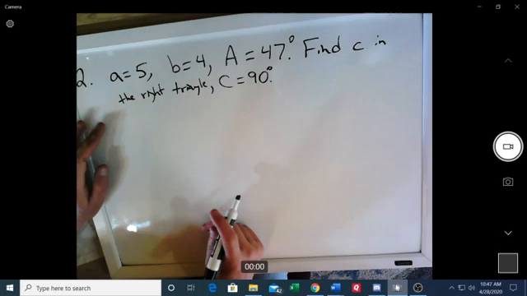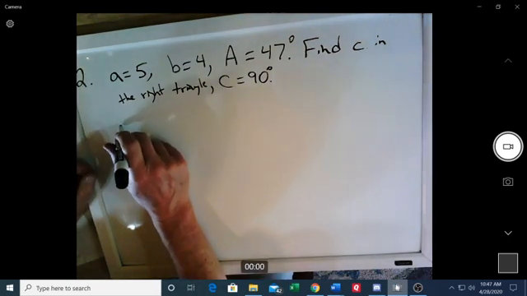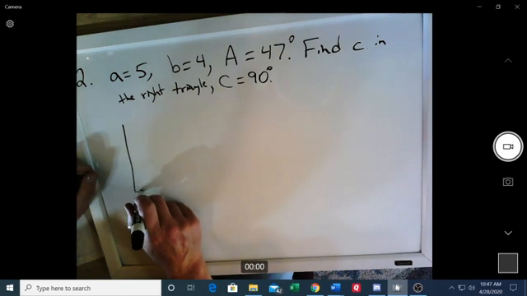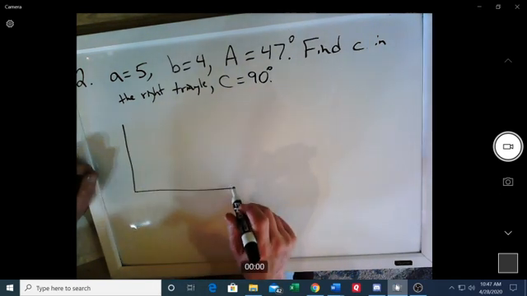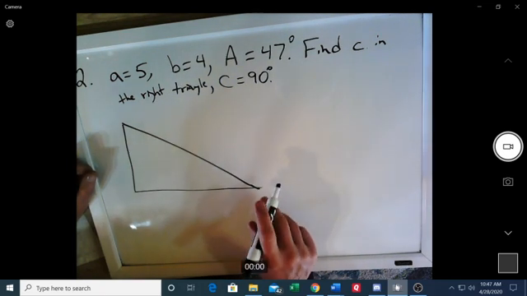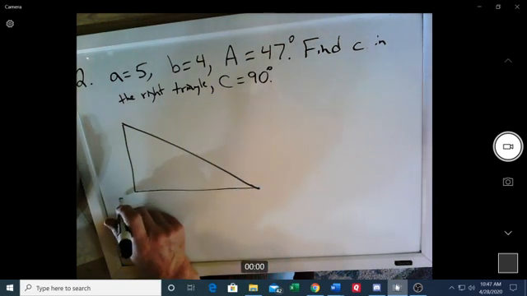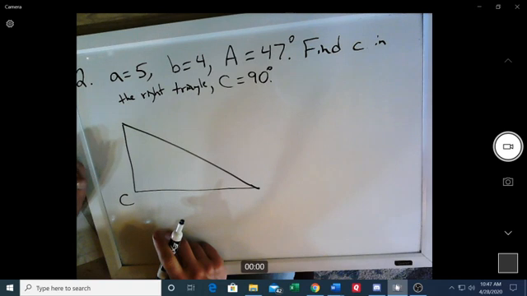Alright, so the standard way of setting up a triangle is if you make a right angle and you label these sides. Now it doesn't have to be cap C, but more often than not, cap C is the 90 degree.